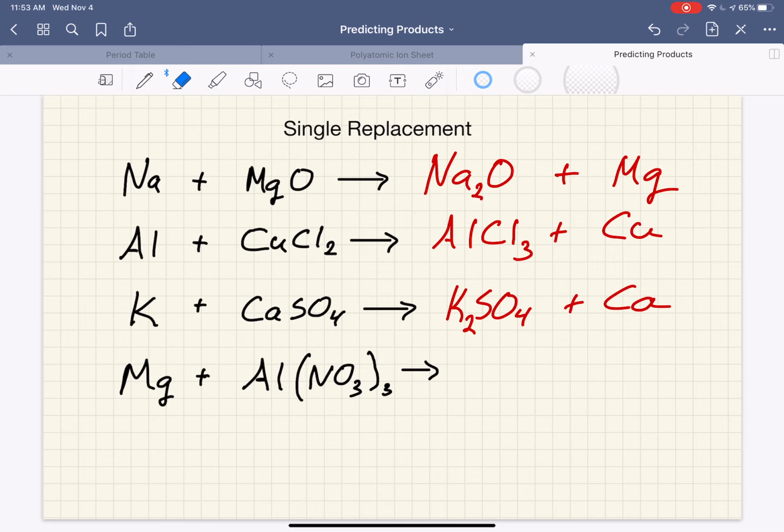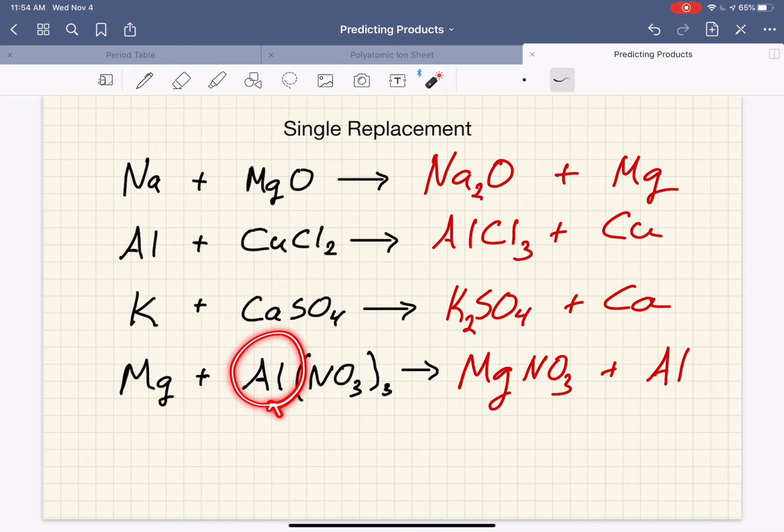Very last one. As you can see, they get a little bit more difficult as we go. The magnesium switches places with the aluminum, so we end up over here. Magnesium nitrate and aluminum all by itself. This is the easy part. We identify aluminum.